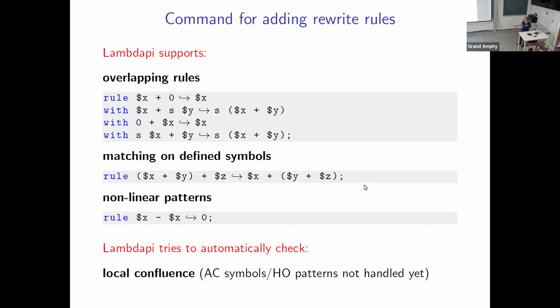And also it's possible to do matching on defined symbols. For instance, associativity: you can have a rule for associativity like this one. And finally, you can also have matching on non-linear patterns, which is not possible in Rocq or Lean.